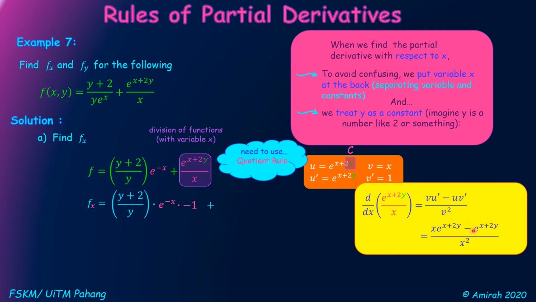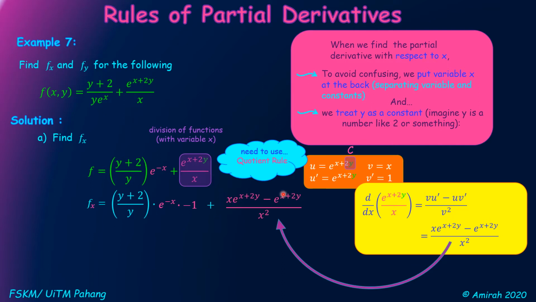And then we have a minus sign here, and we multiply u and v prime. So we multiply e to the power of x plus 2y times 1, and we get back e to the power of x plus 2y. And then over v squared. V equals x, and then squared.